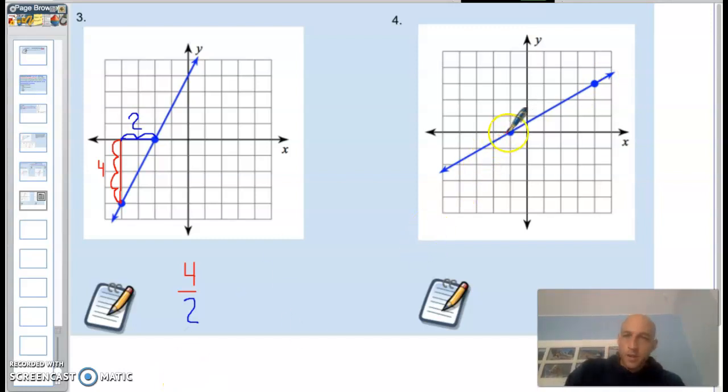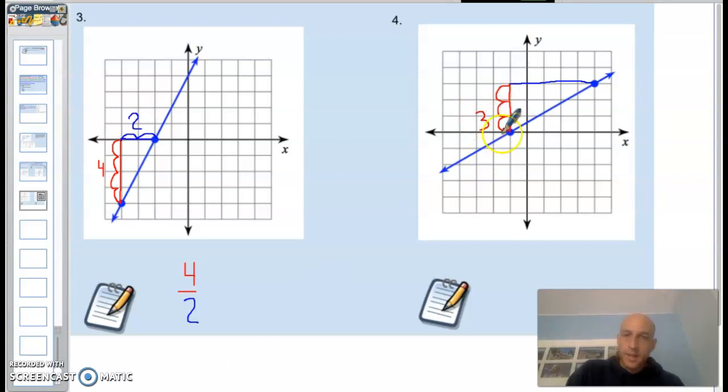Okay, so we're going to start here. We're going to go straight up until it's level with the second point. And we have a slope triangle. So we're going to measure the vertical side, 1, 2, 3.